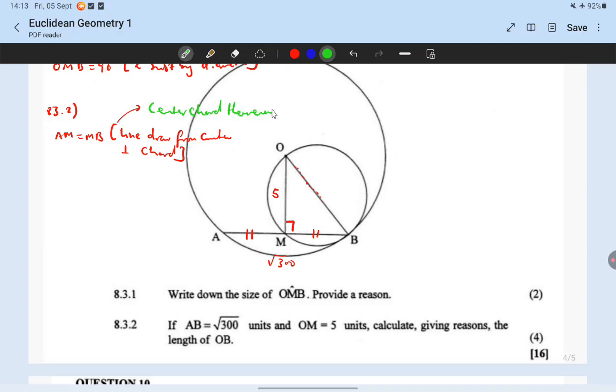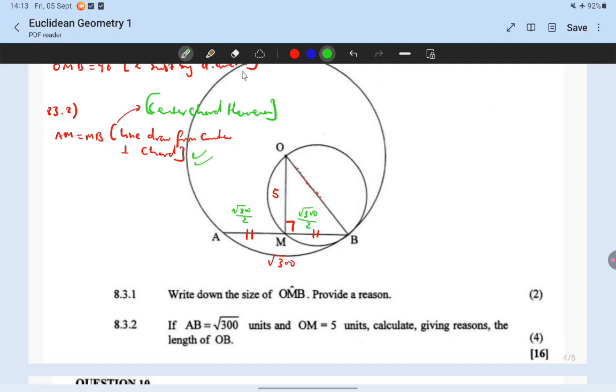It just depends, but I think the most appropriate reason that you can give is line drawn from center perpendicular to the chord. So if this line is equivalent to this line, this AM will be root of 300 divided by 2, and also this will be root of 300 divided by 2.